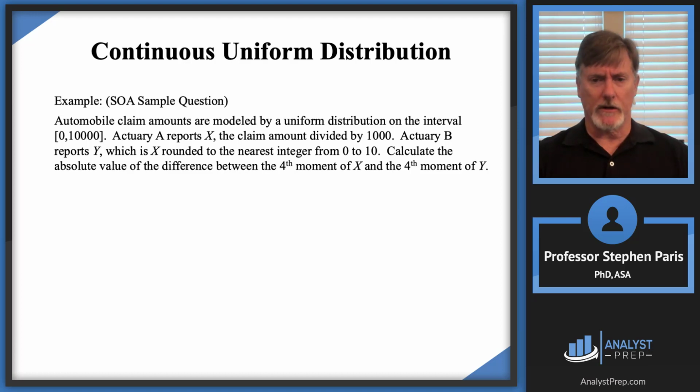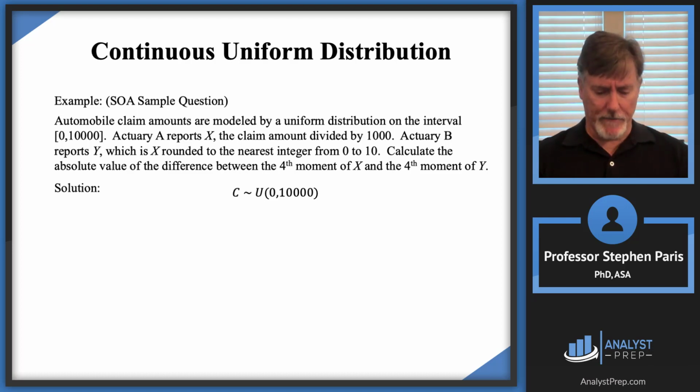So let's start. I'll slow down in just a second, but let's start with the solution by defining a random variable capital C to be the random variable representing the automobile claim amounts, and we're told that we're modeling this with a uniform distribution over the interval from 0 to 10,000. Since it's on the interval 0 to 10,000, we're dealing with a continuous uniform distribution.